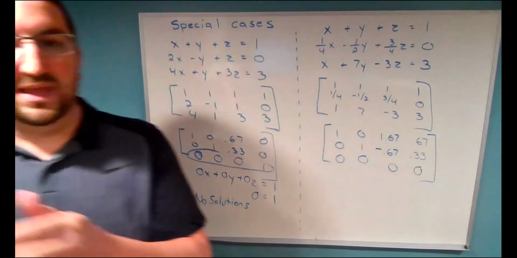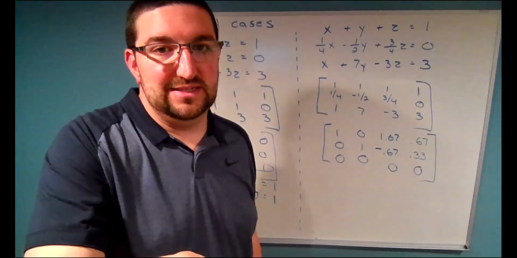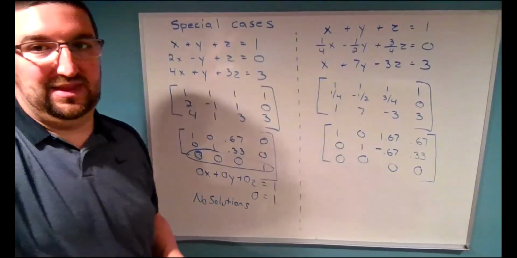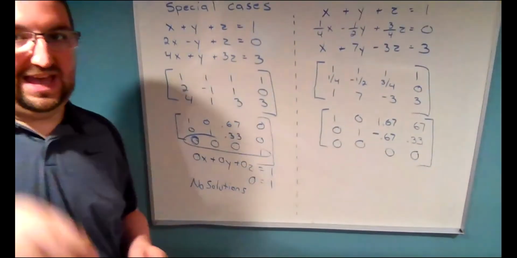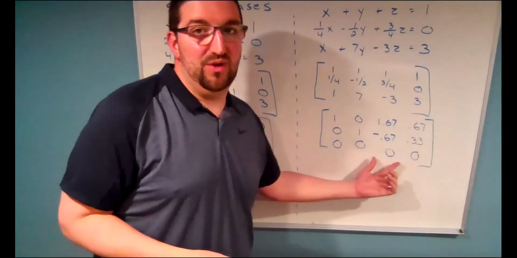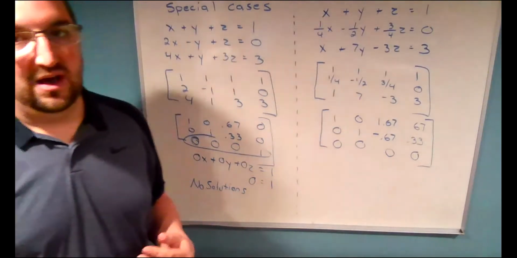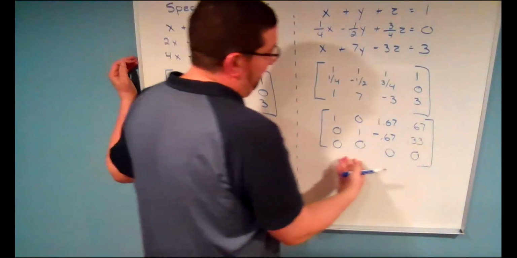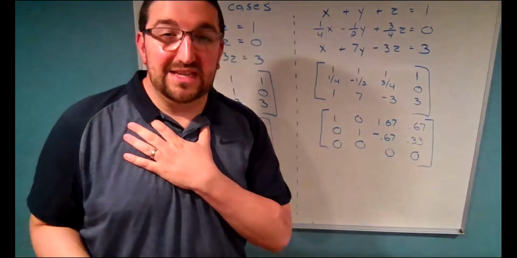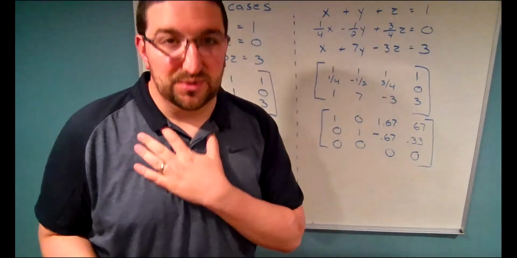So what we have here is similar to when we had the elimination method. We have the bottoms all canceling out. The entire last row is all zeros. If your entire last row is all zeros, what I would say is that it would be infinite solutions.